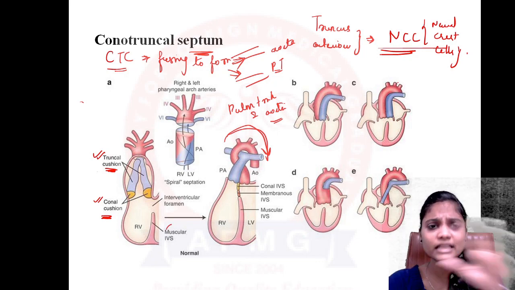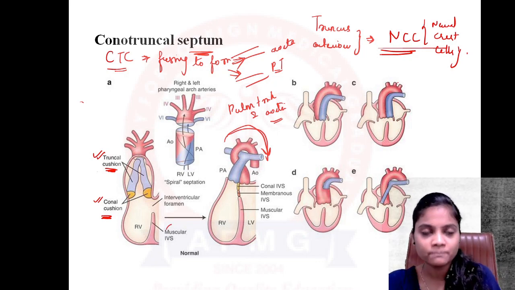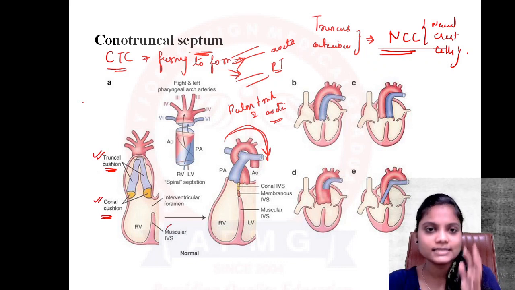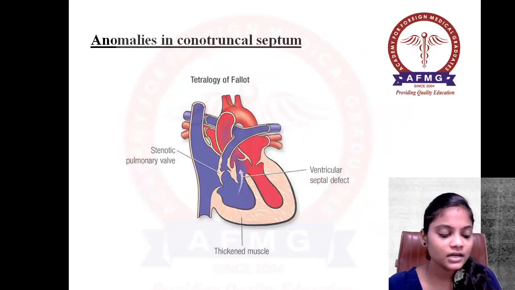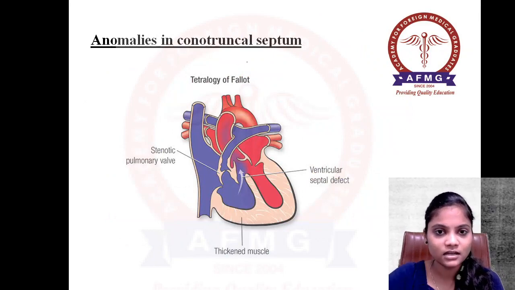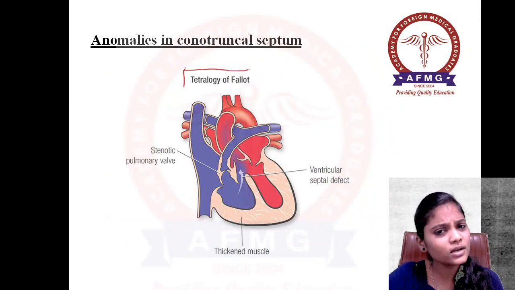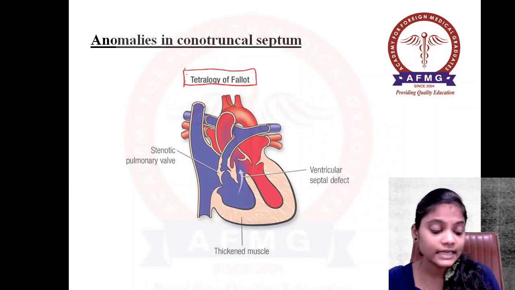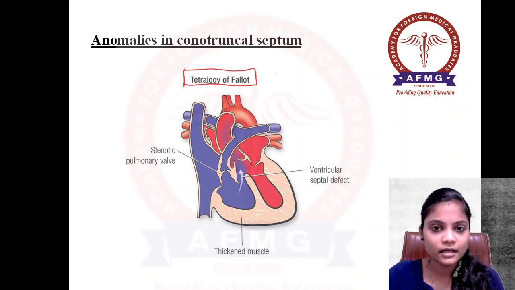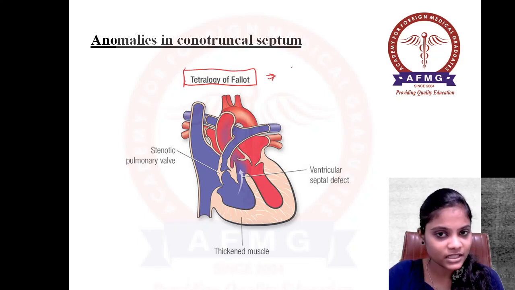If there is any anomaly in your conotruncal septum, that leads to anomalies. What is that anomaly known as? The first anomaly we are going to see is tetralogy of Fallot. How does the conotruncal septum play a role in tetralogy of Fallot? Yes, it does. Tetralogy of Fallot means 4 things.